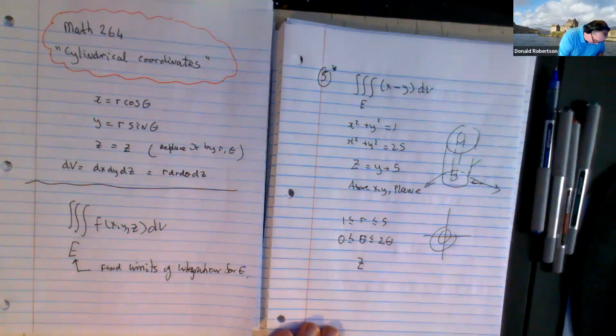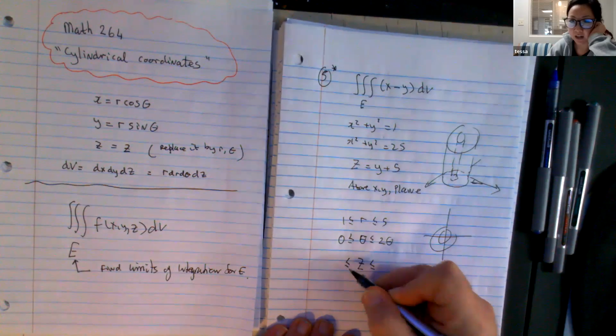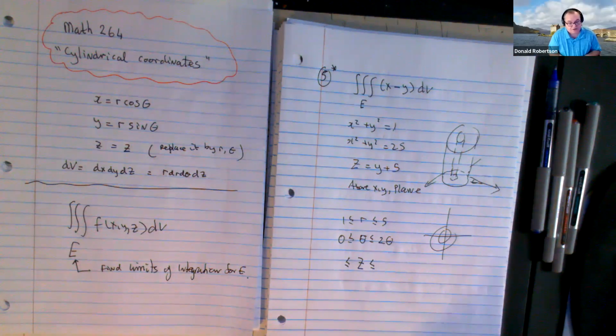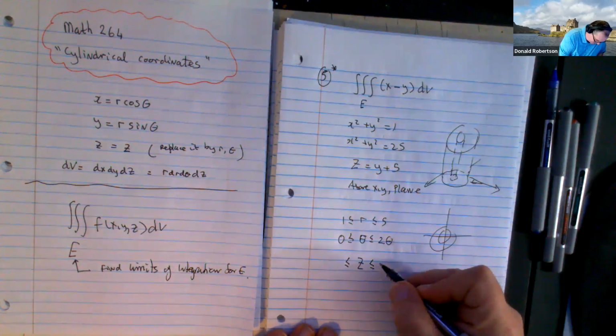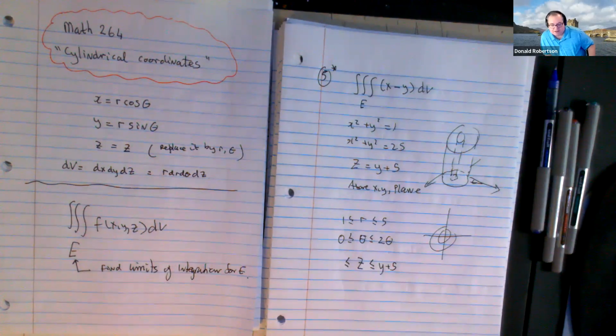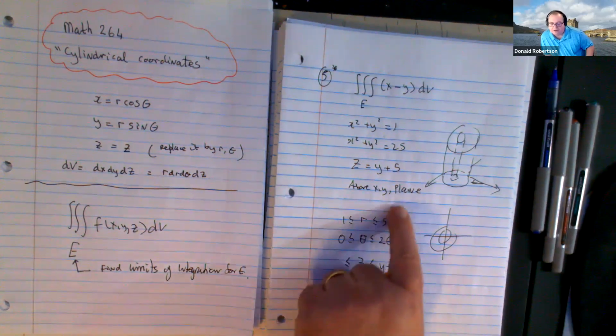We need to have a limit of integration for the z's. Is it 5 to y plus 5? Y plus 5. I like your y plus 5. But this isn't 5, although I can think of why you might think it's 5.